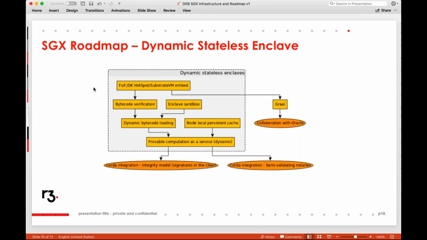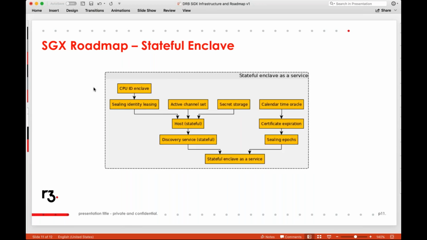At this point, you've made the assumption this is the second step. Yeah, so this is the proposed roadmap. I think that this should be the next step, but we can also go along the stateful path of development, in which case we would need to basically solve the stateful routing problem.